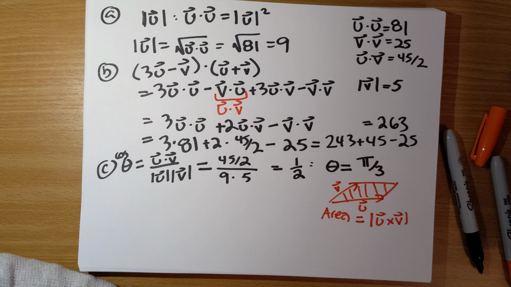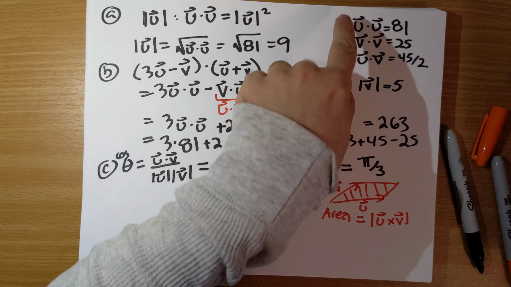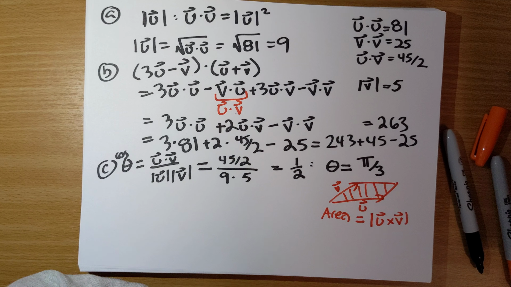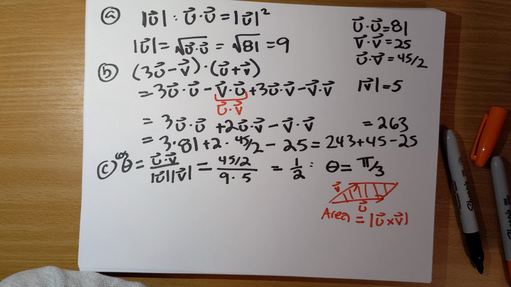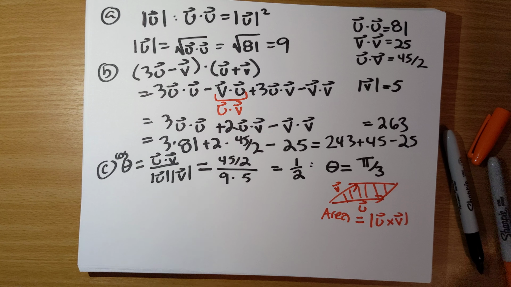Now, this might seem difficult to do because we don't have information here. I gave you information about the dot products, not the cross products, but there is something we can do here.